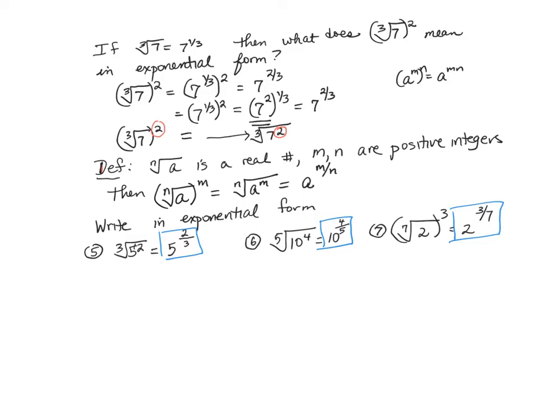Now let's compute the following. Negative 27 to the 2/3.